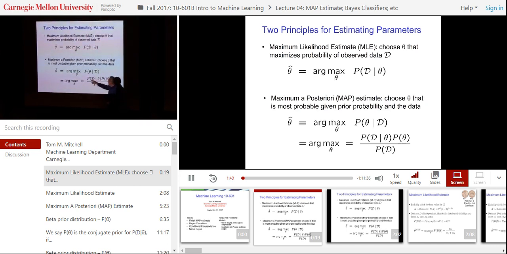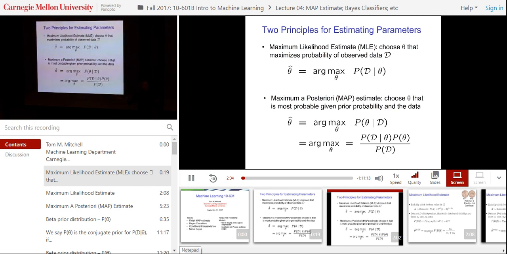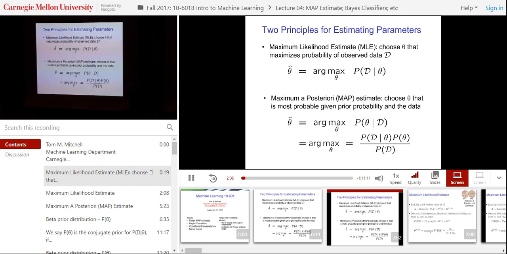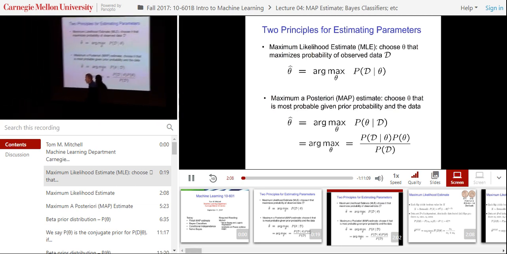And to do that, we use Bayes' rule so that we end up being able to ignore the denominator here, of course, because it doesn't really depend on theta. But the numerator does, and so we end up choosing the theta that makes this data likelihood, same as we were using up there, times some prior, as large as possible.